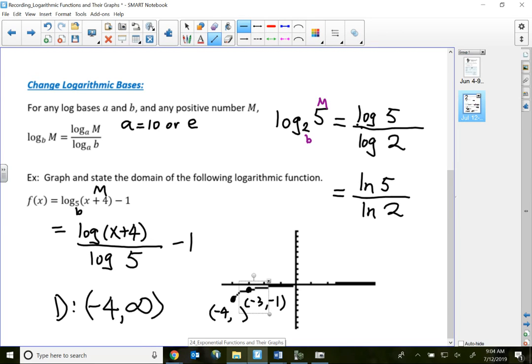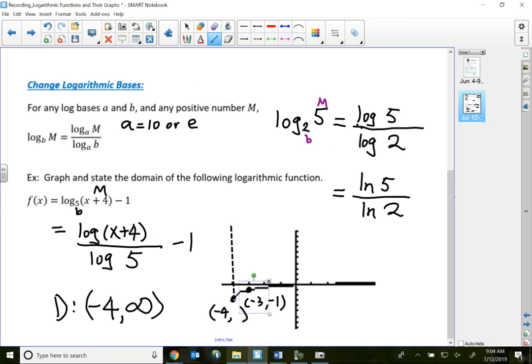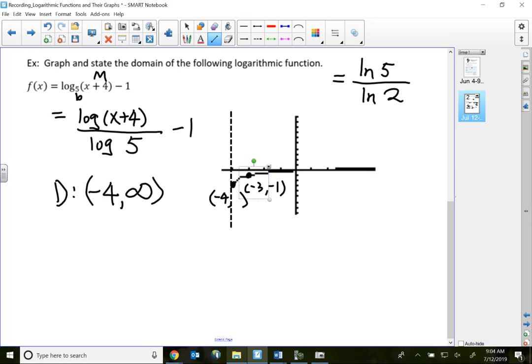So technically, this is a vertical asymptote, and the graph keeps going in this direction. It will never be equal to negative 4. So your range, you can still say is from negative infinity to infinity. The closer I am to x equal to negative 4, my y values keep on going downward.